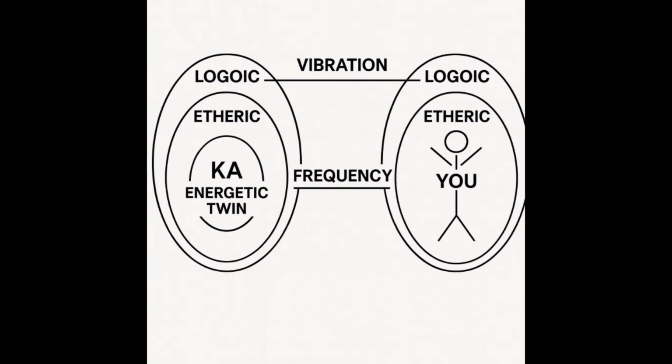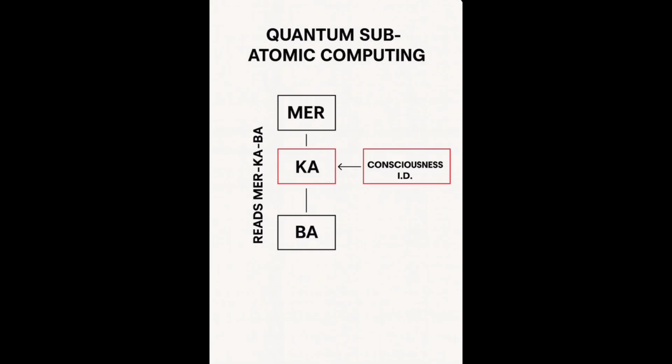So I said, in consciousness ID, would all three elements of the Merkaba, which is the light, the spirit, and the soul, be measured? They said the quantum subatomic would read the frequency of all of the parts of the Merkaba. They said in subatomic computing, the frequency of all of the Merkaba can be read, but for the consciousness ID, it will just read the car.